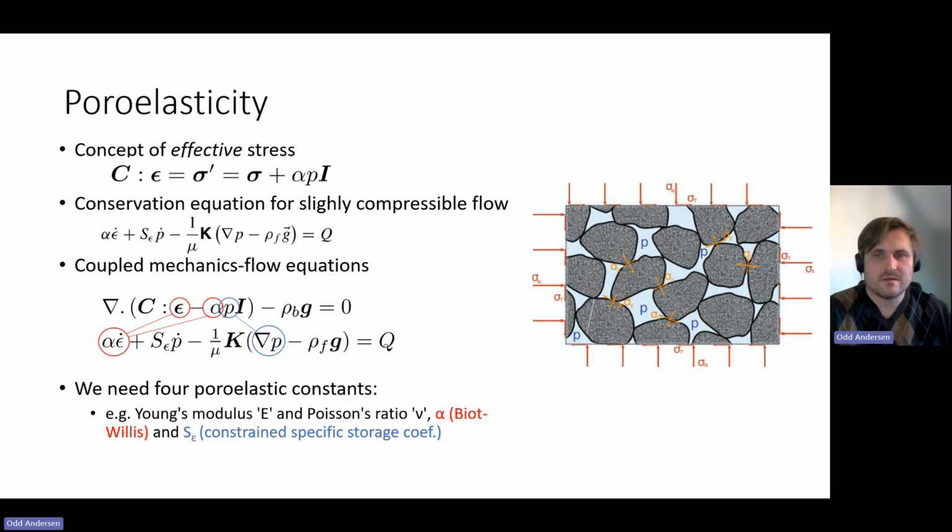For the linear elastic system, we needed two constants, but now with the poroelastic system, we need four. In addition to the two linear elastic constants, we here have the Biot-Willis parameter alpha, as well as the constrained specific storage coefficient S epsilon. And there are, of course, equivalent choices, but to define the system, 4 degrees of freedom need to be specified.